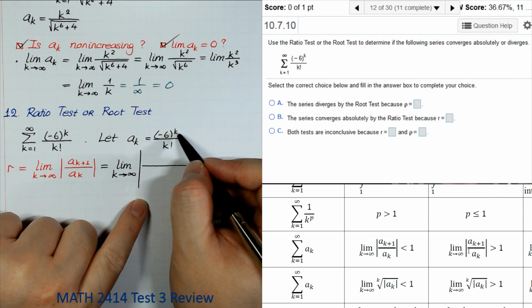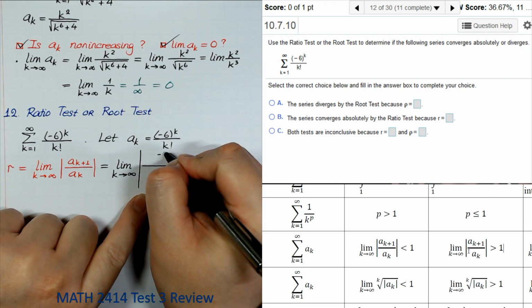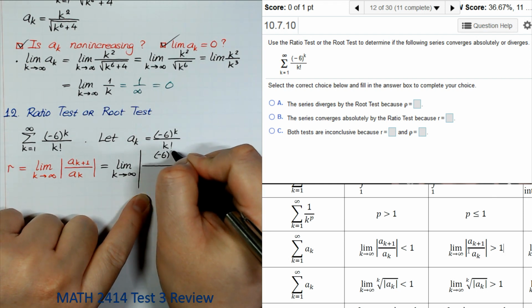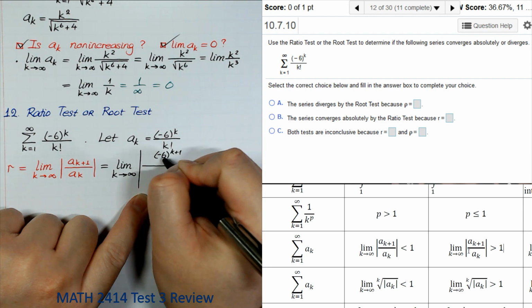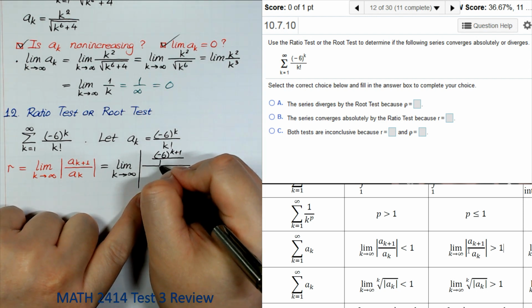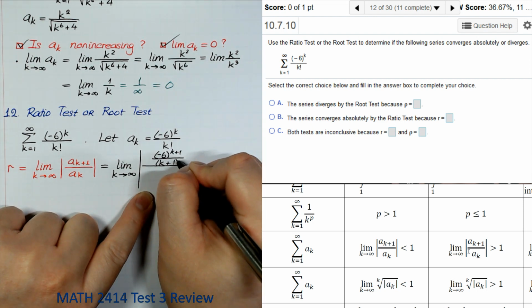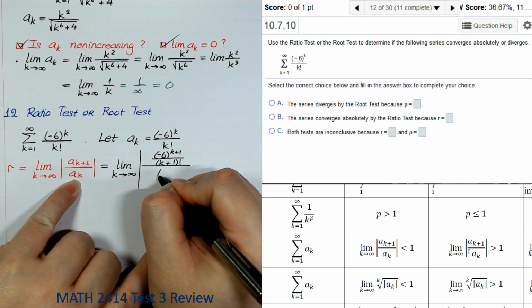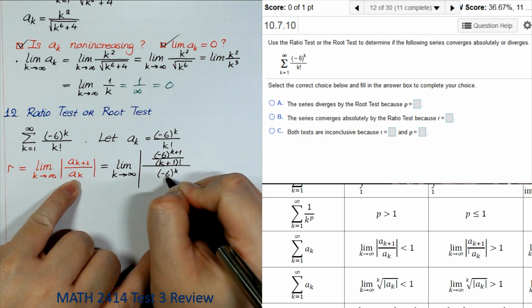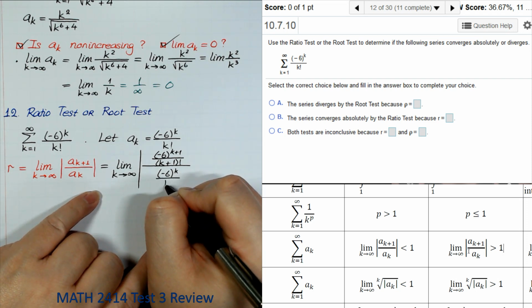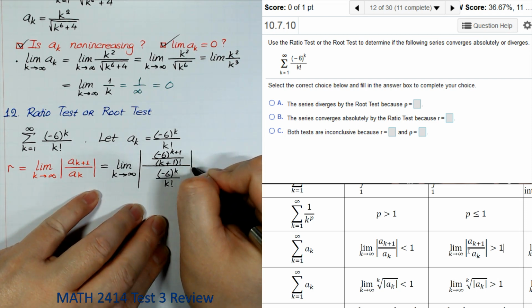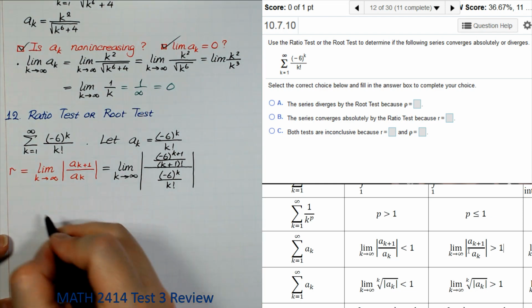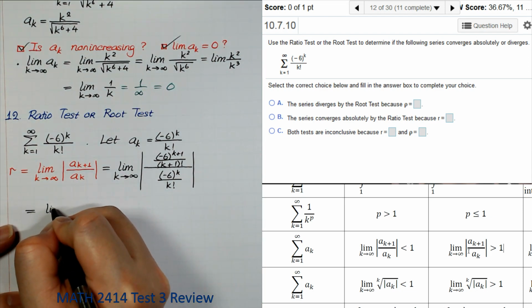We put k plus 1 instead of k: negative 6 to the k plus 1, k plus 1 factorial, over a sub k: negative 6 to the k, and k factorial. Dividing a fraction is multiplying by the reciprocal.